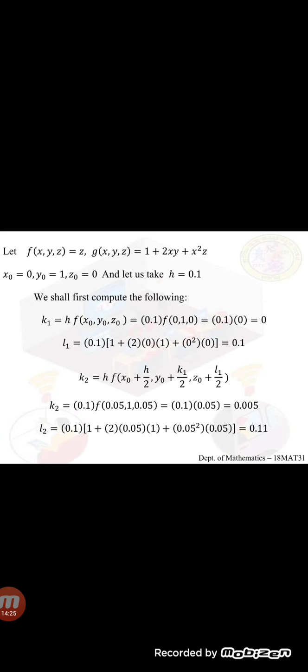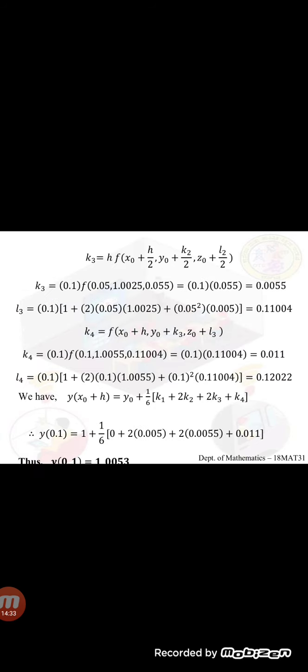Again k2, when you substitute the values in the formula, you will get 0.005, and L2 it will be 0.11, K3 0.0055, and L3 0.11004, and K4 0.001011, L4 0.12022.